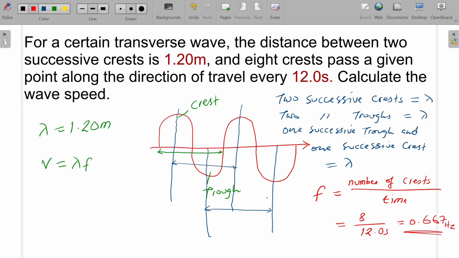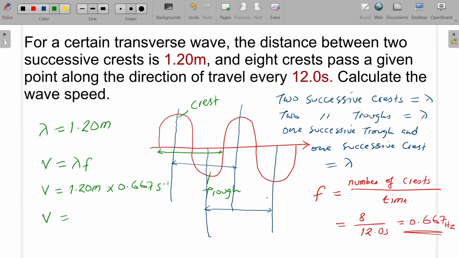Now that we have our frequency and our wavelength, we can find our speed. Our speed will be equal to our wavelength, 1.20 meters, multiplied by 0.667. Hertz is the same as per second, so we'll say s minus 1.